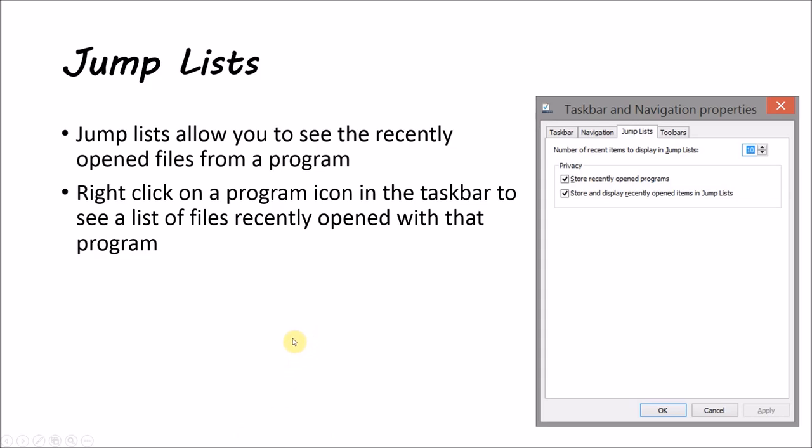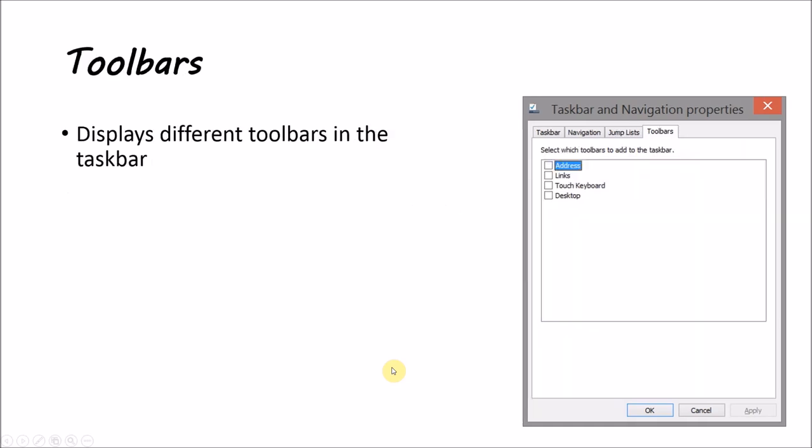Let's, for example, say the Notepad icon that I had there in the previous video. If I were to right-click on it, it would actually show me the most recently opened files from Notepad. And we will go over this in the demonstration.